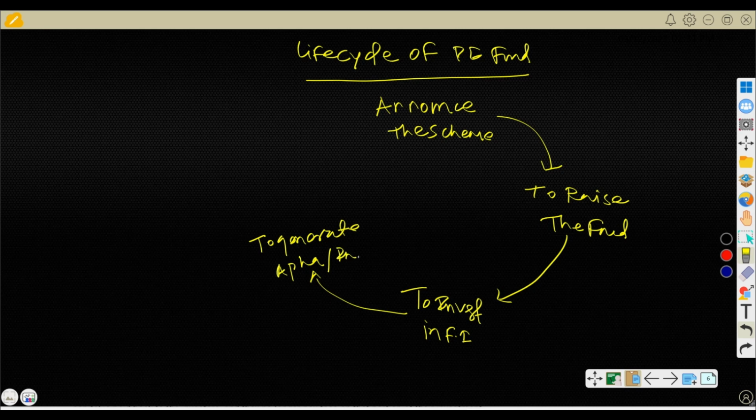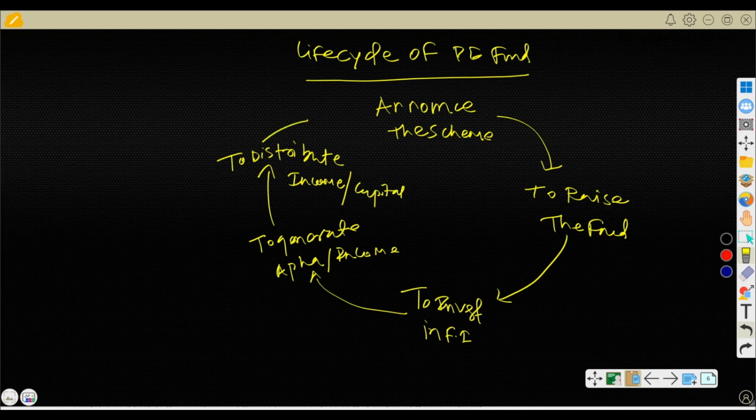Alpha means income. Then again distribute income and capital. Close the scheme and again announce a new one. Close the same scheme and announce the new one.